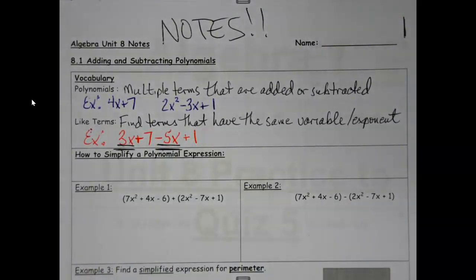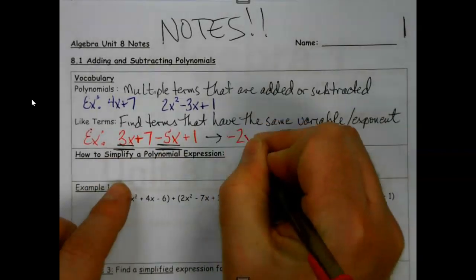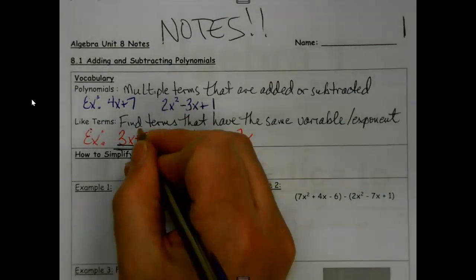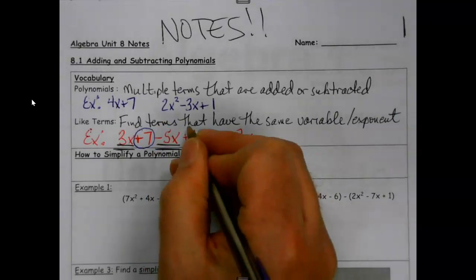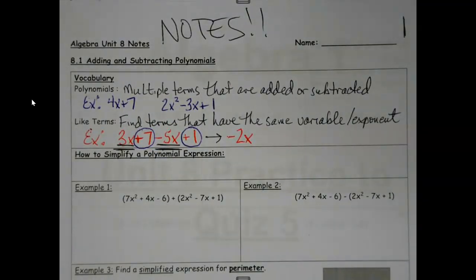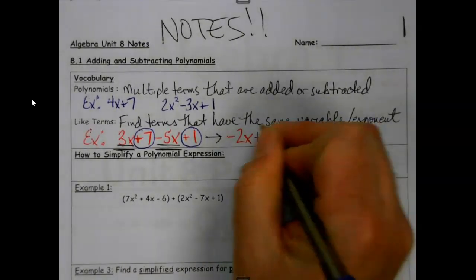They have the same variable. The number in front, the coefficient, is different. But I would go ahead here: 3 minus 5 is negative 2x. And then what are called the constant terms, the numbers that don't even have a variable, they're still like terms, would be 7 and 1, which would be 8.